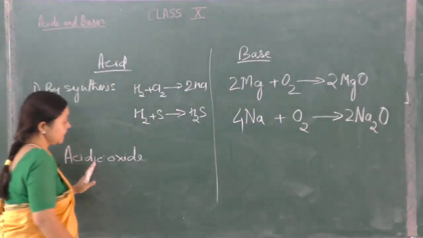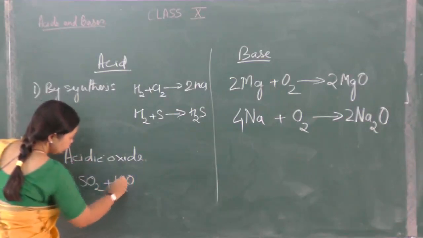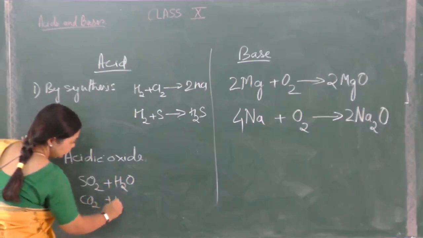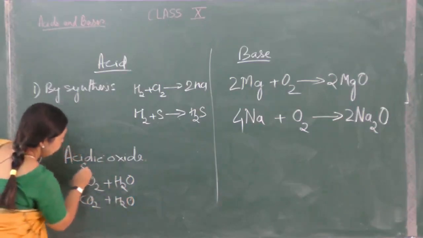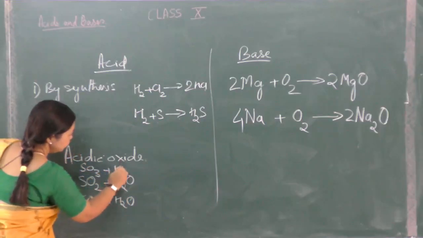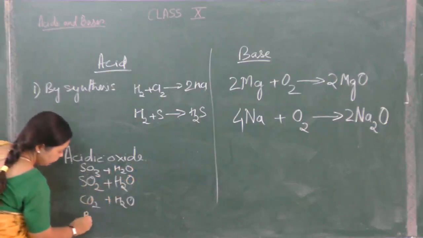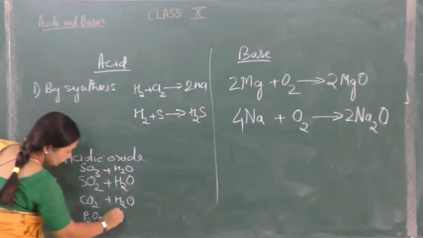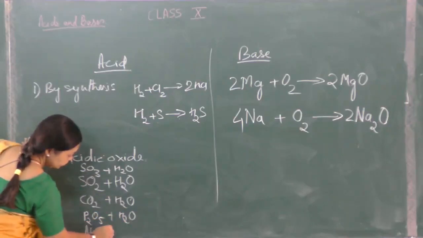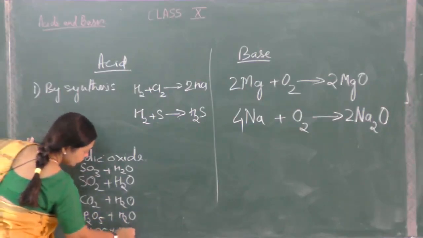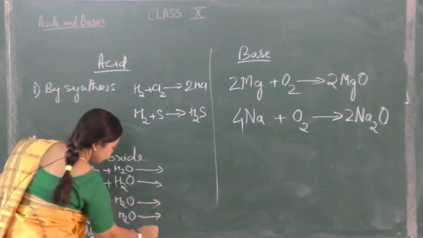So acidic oxides like SO2 plus H2O, CO2 plus H2O, or SO3 plus H2O, P2O5 or N2O5, they form the respective acid.